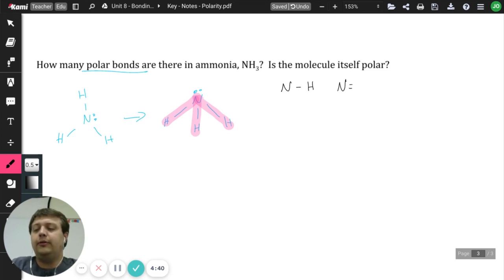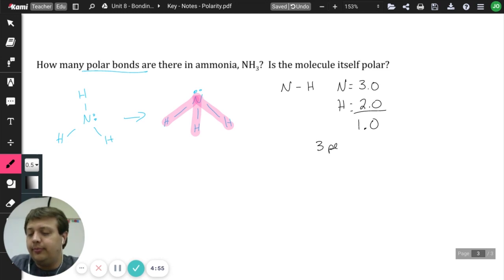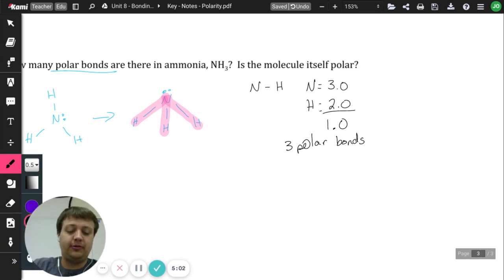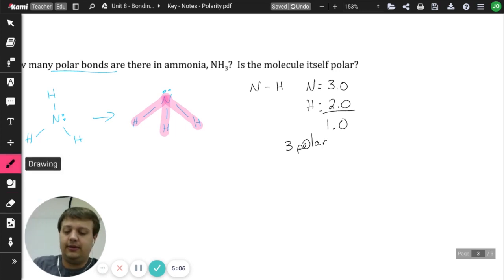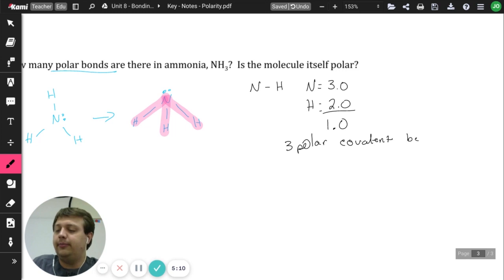So nitrogen has an electronegativity of about 3. Hydrogen is again about 2. So their difference is 1. Now that means that this is a polar bond. So we have 3 polar bonds. Okay. And they are specifically polar covalent bonds. Should have added that. Polar covalent bonds.